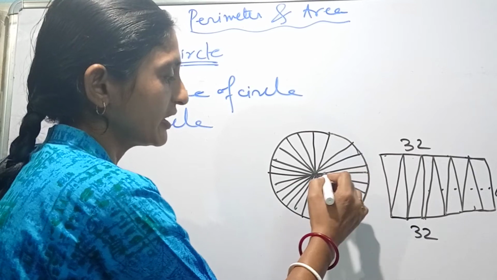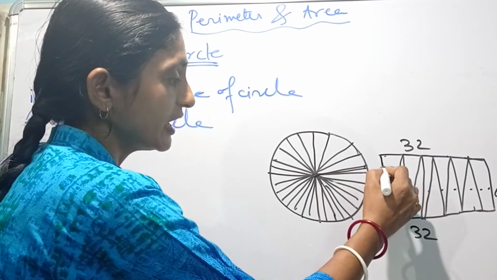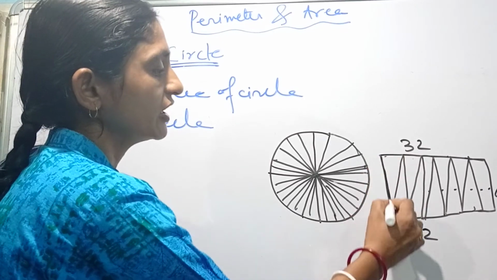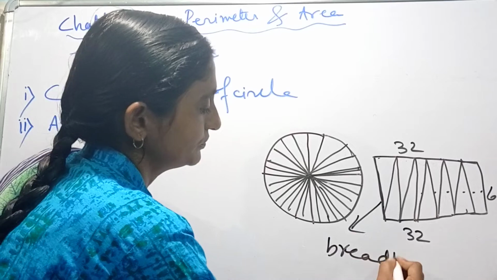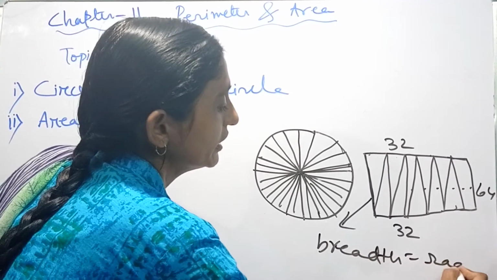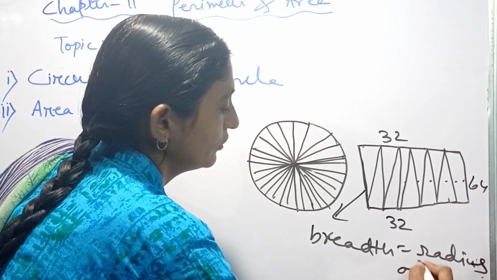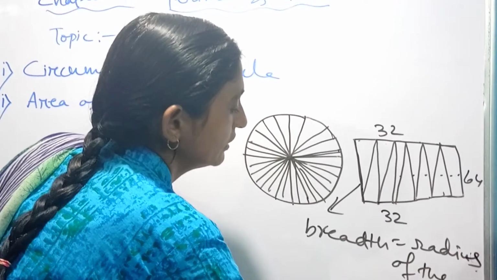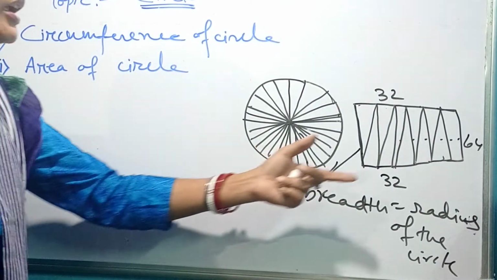Let's come to this part: the center to the circumference, that is the breadth of this rectangle, which is equal to the radius of the circle.